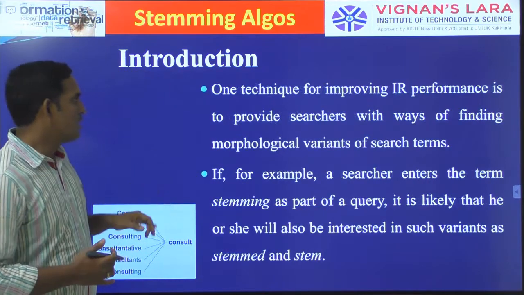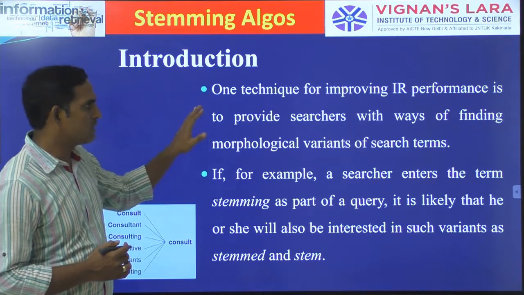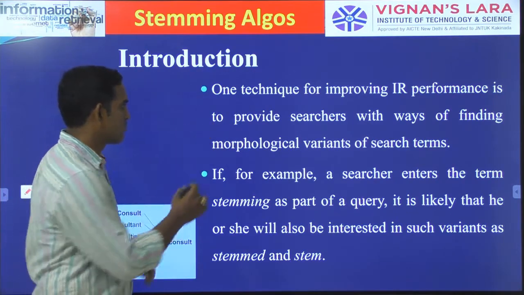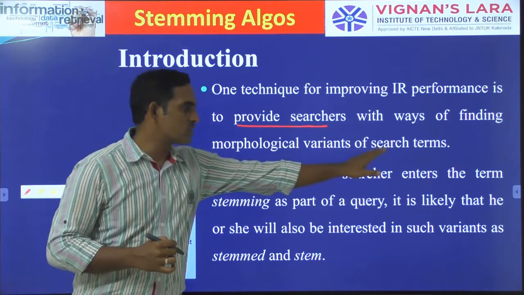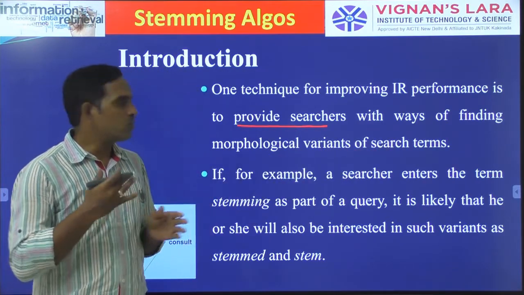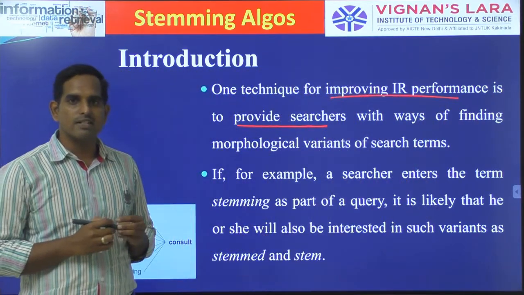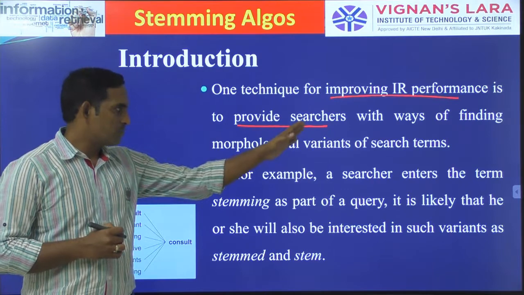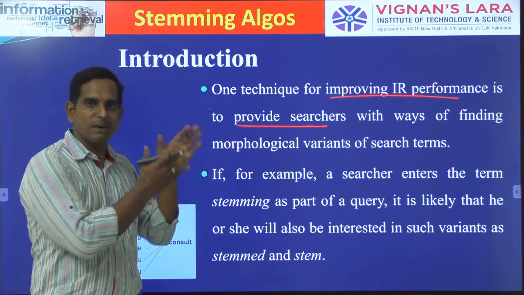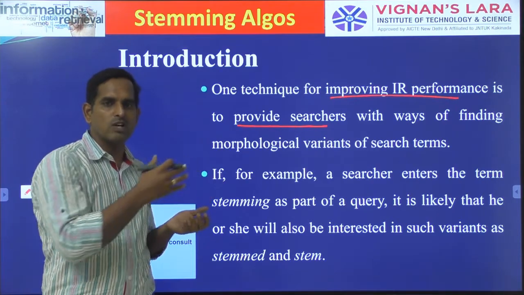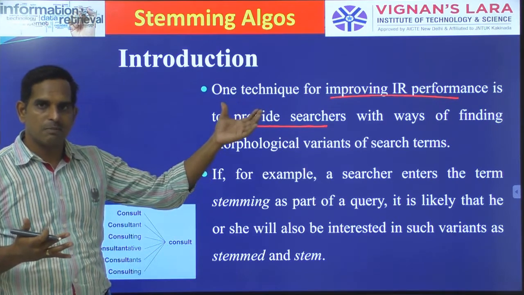One technique to improve your information retrieval system performance is to provide searchers with ways of finding morphological variants of search terms. Not only a specific word, we can search for related words, and this improves retrieval performance.